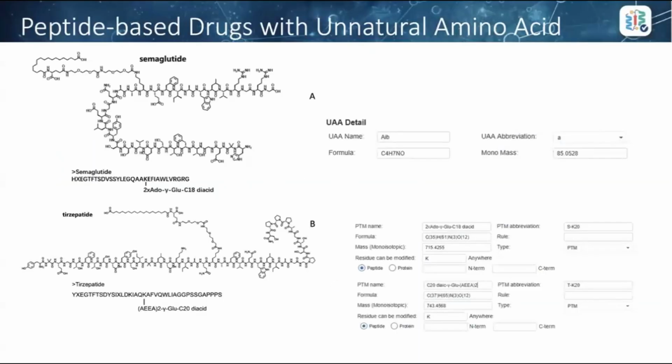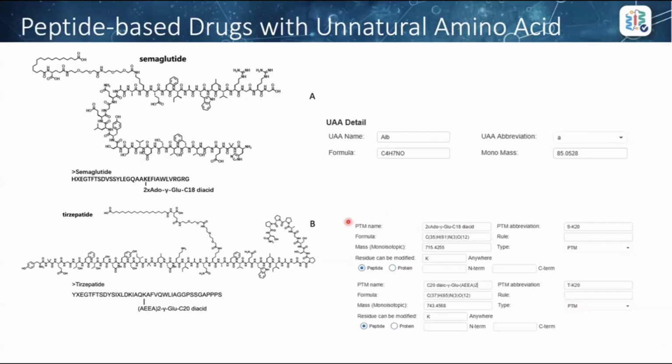Here, I would like to give you an example. We both know semaglutide and tirzepatide, two widely used GLP-1 receptor agonists for obesity and diabetes treatment, have gained significant attention in recent years.